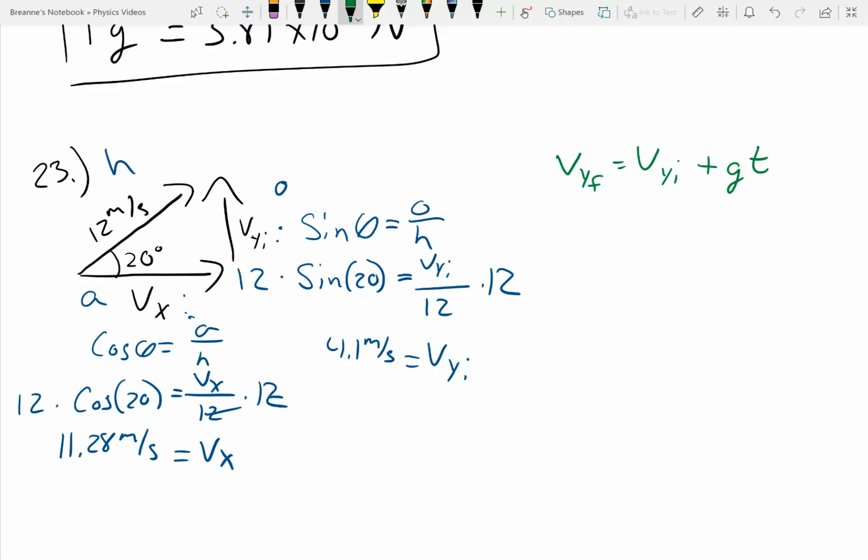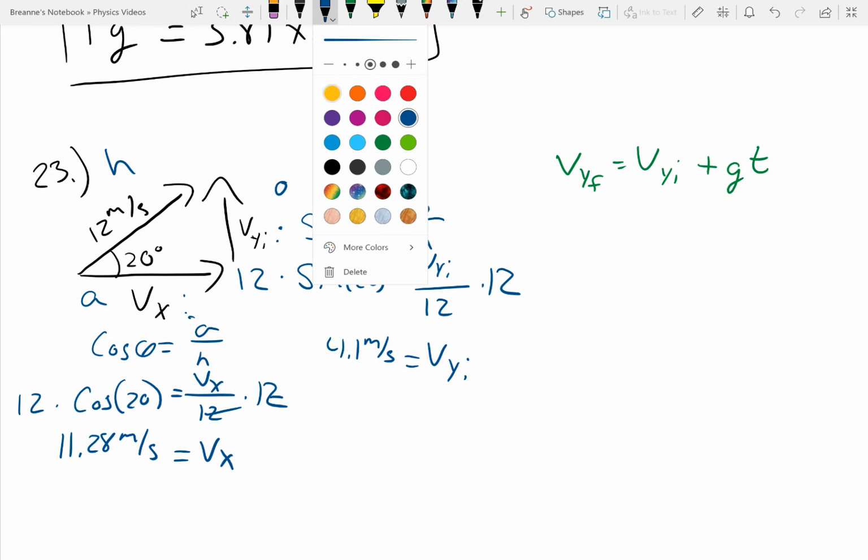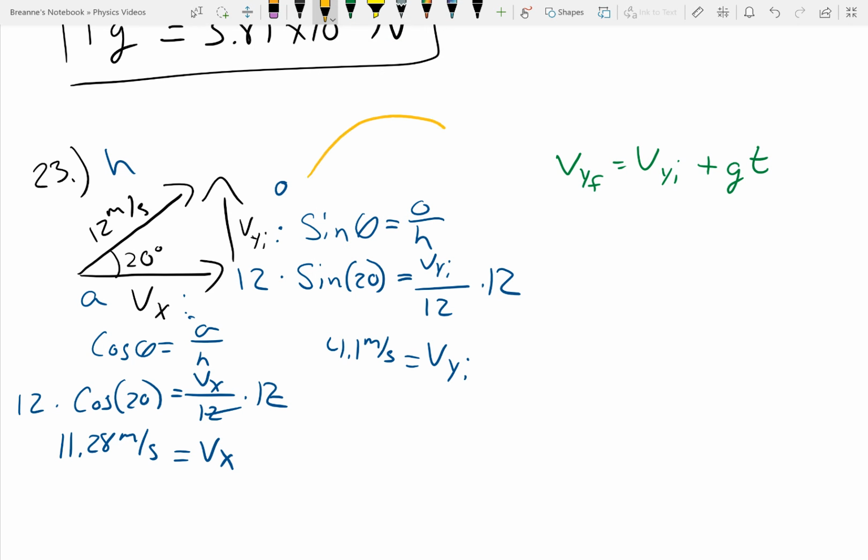So if you remember how your projectile works, your initial is the same as your final, except your final is going to be negative because it's going down. So negative 4.1 equals 4.1 plus acceleration due to gravity. Remember, it's negative because it's going down.